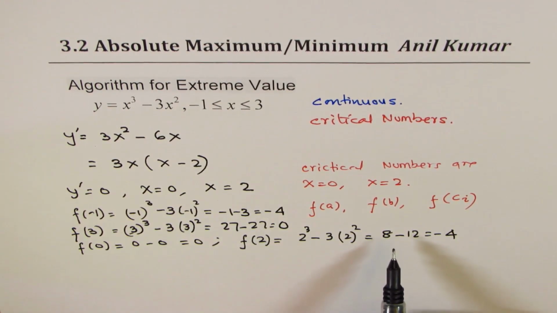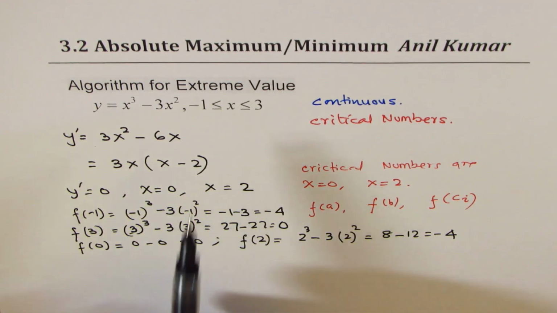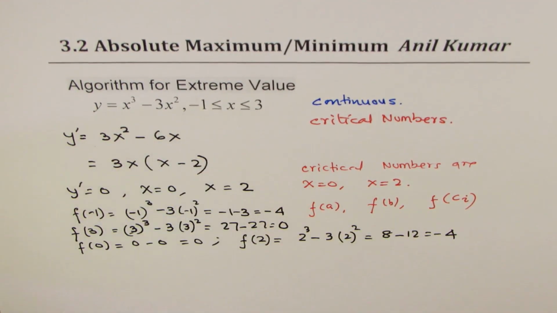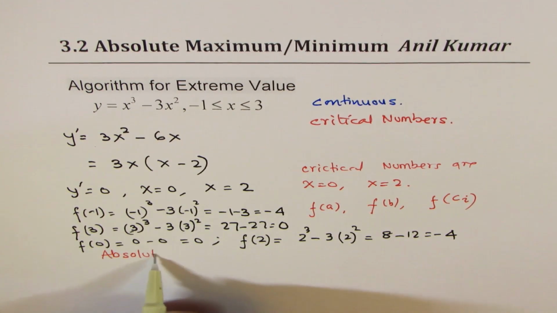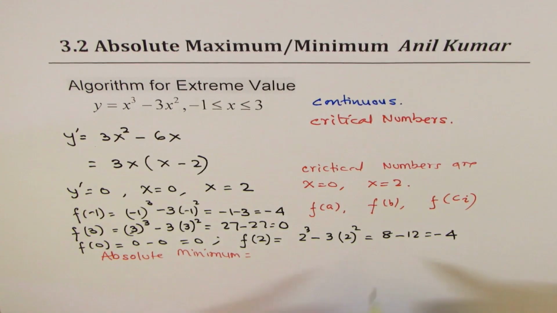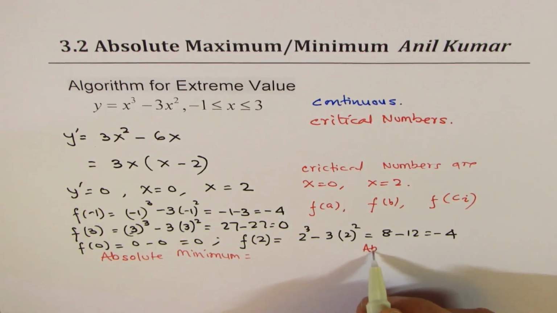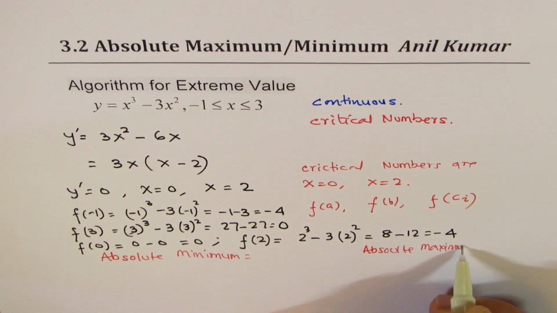Correct? What you notice is that both the critical numbers 0 and 2 are within the interval. Therefore, we are considering them. Is that okay? So if you compare these values, what do you get? We get the lowest value, which is the absolute minimum, and the highest value will be called the absolute maximum, correct?